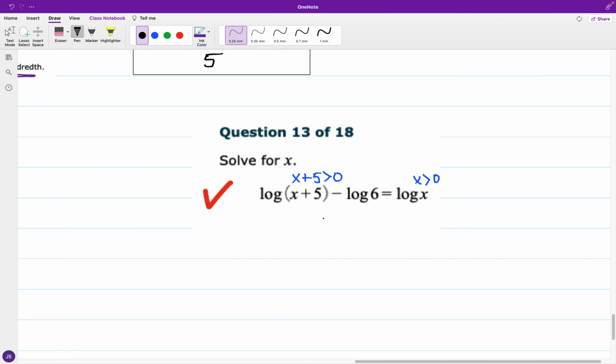So in consolidating what we have on the left, x plus 5 is attached to a positive base 10 logarithmic term, so it goes in the numerator, whereas 6 stems from a negative, so 6 will be on the bottom.